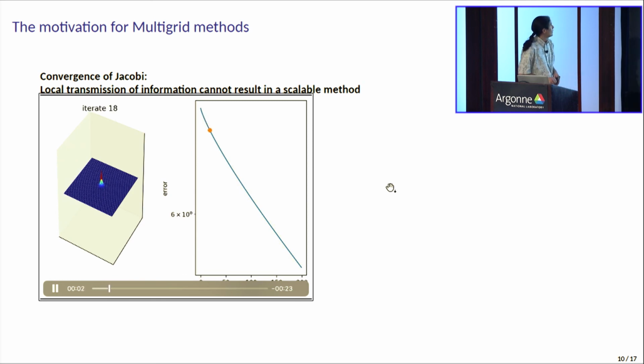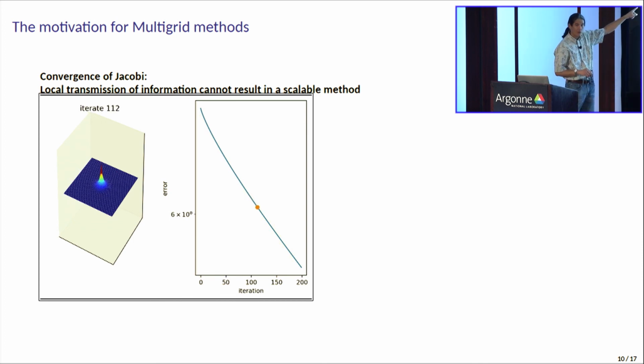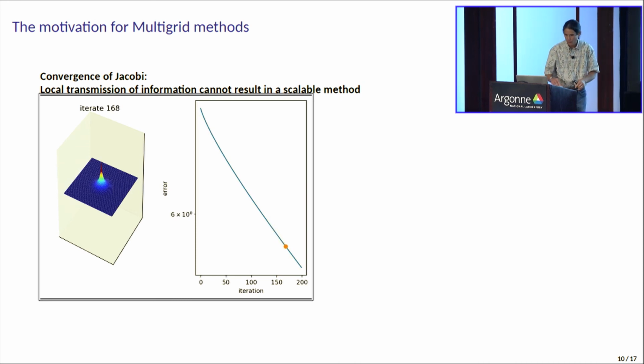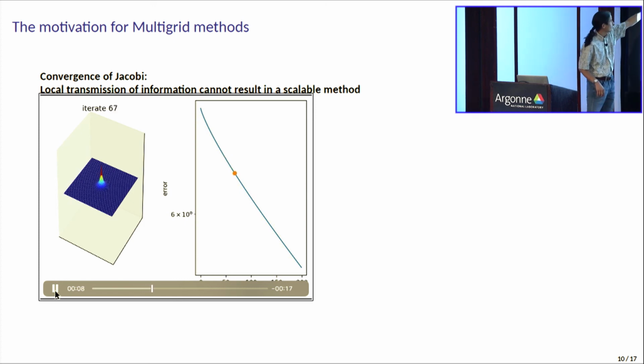Then we can look at how Jacobi transmits information. Again, we've got iteration counts on the right, and over here, Christian, this is the solution? That's the solution, right. As Jacobi progresses, we've got a point source in the middle, and we're slowly resolving things here.